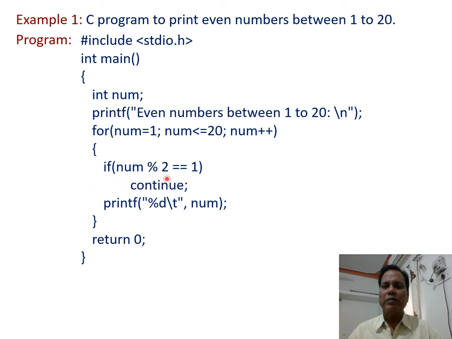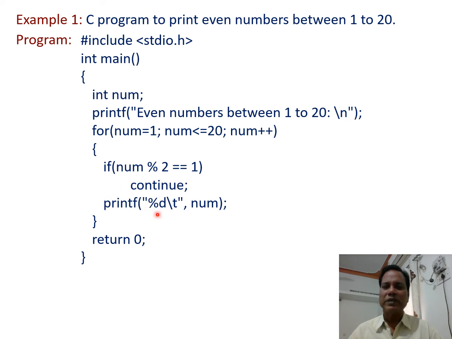This time when num is equal to 4, if num modulo 2 equal to 1, naturally this condition is false, because num modulo 2 is not equal to 1. So control comes out of the if statement; that is, the continue statement is not executed. Then the next statement is the printf statement.